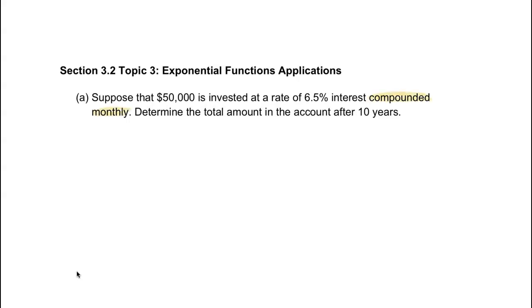So here's the formula for compounding interest. You can find the compounding interest or the accumulated amount by doing A equals P times (1 plus APR divided by N) raised to the N times T power.